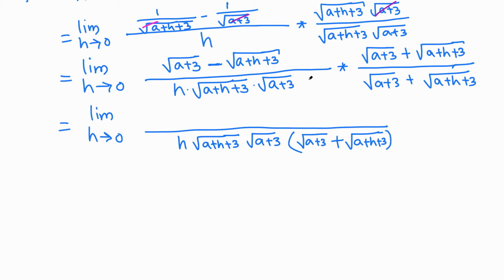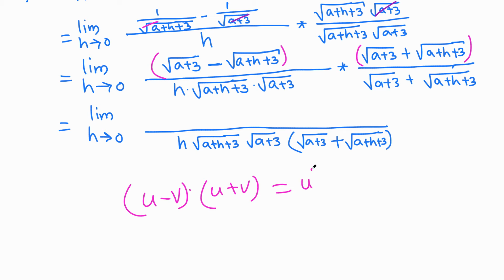Now we're going to multiply the top. Whenever we multiply by its conjugate, so we had something like u minus v in parentheses, and we multiplied by u plus v. When we FOIL, u squared, uv minus vu, minus v squared, and the middle two terms cancel, we're going to get u squared minus v squared.